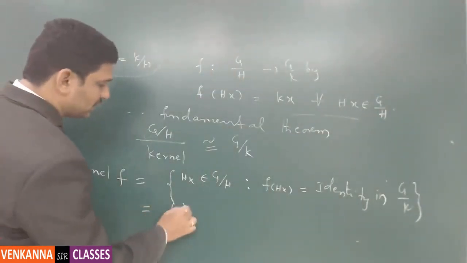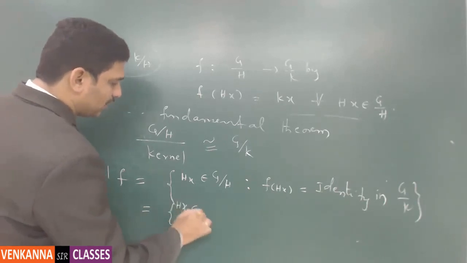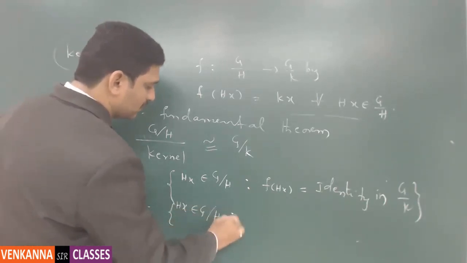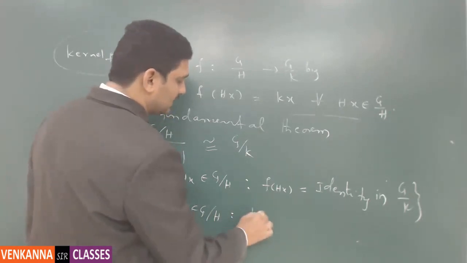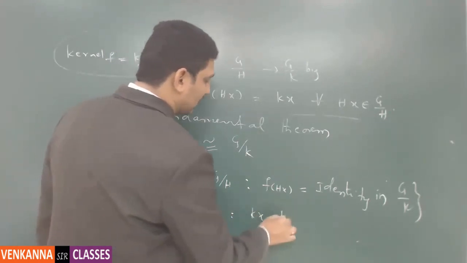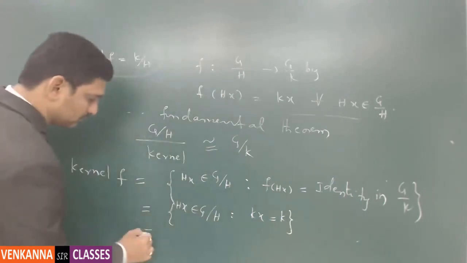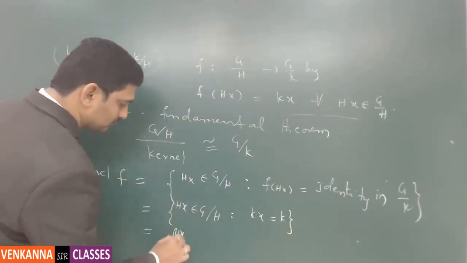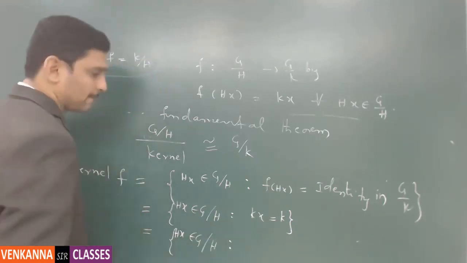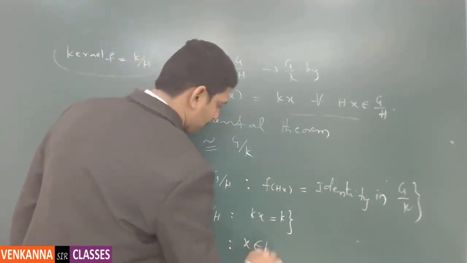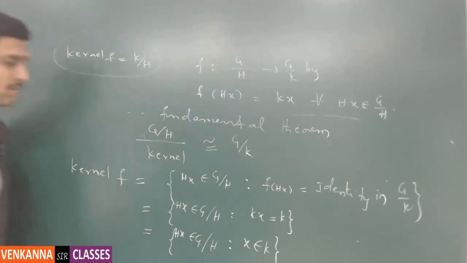This is equal to the set of Hx belonging to G/H such that f of Hx, which means Kx, equals the identity, which is K.